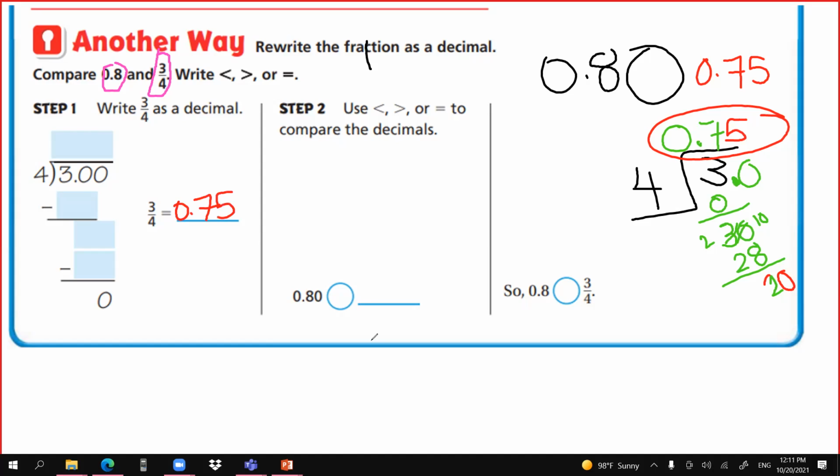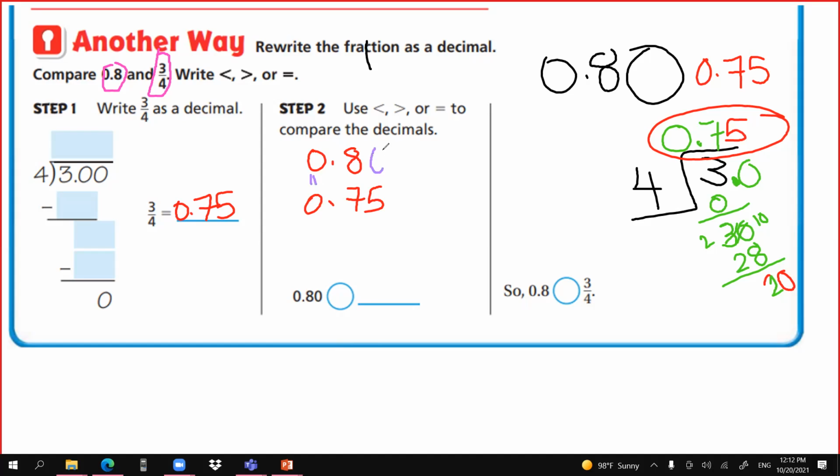Now what do we have? We have 0.8 and 0.75. Now as you learned in grade 5, when you want to compare two decimal numbers, you have to align them under each other. Then start comparing from the left. 0 equals 0.